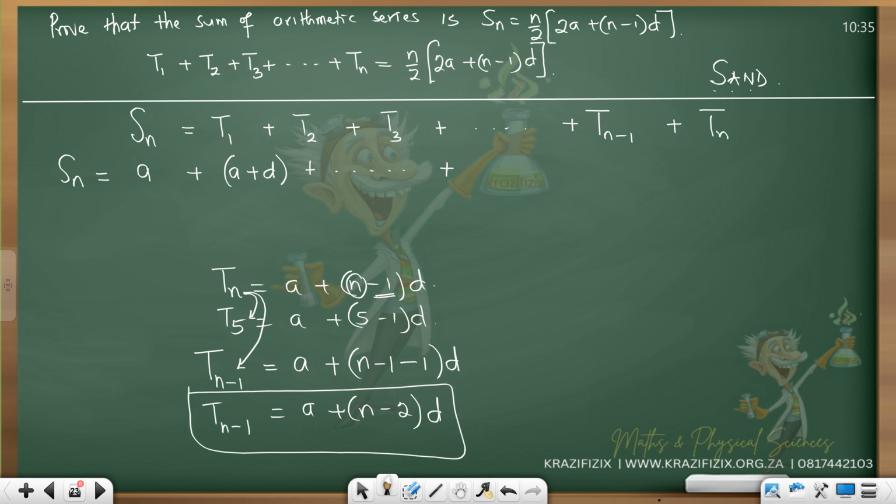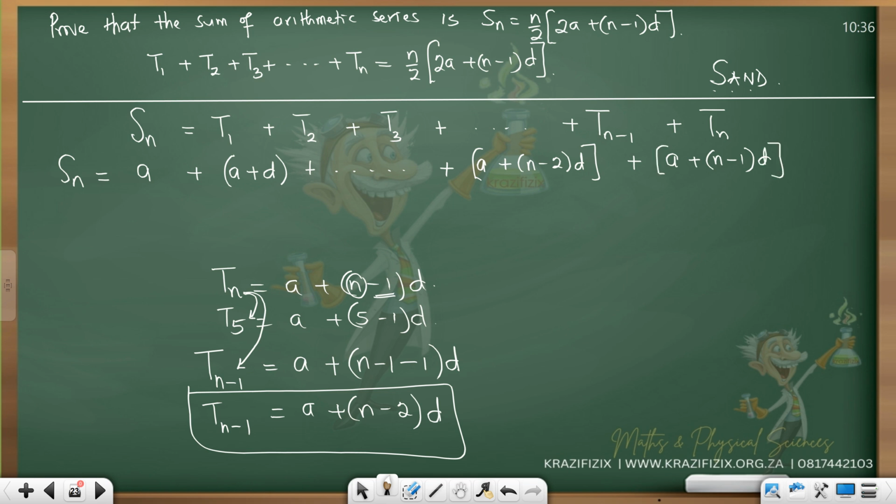Tn minus 1, are you okay with this? I simply replaced my n with n minus 1 and I simplified. So that I can then write this as A plus n minus 2d, and then the last term, which we know, A plus n minus 1d.